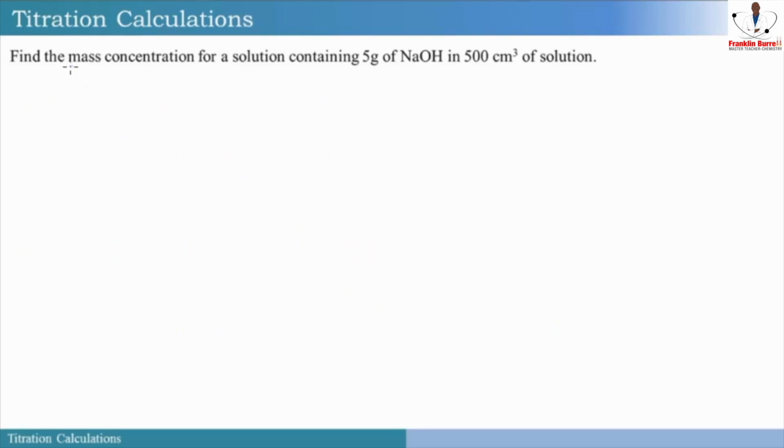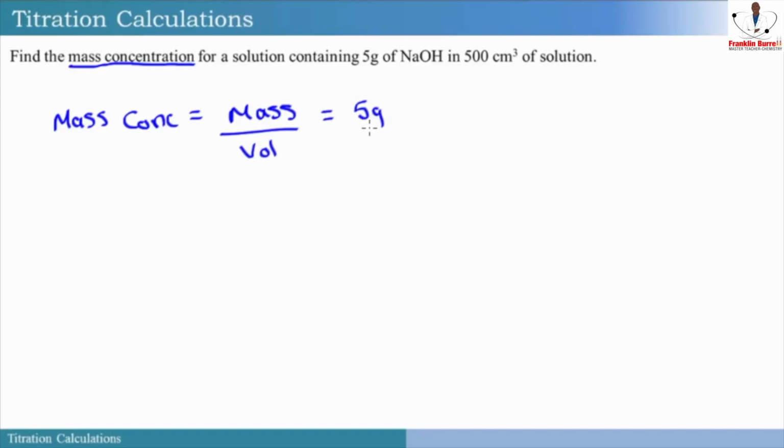Now, suppose I want to find the mass concentration instead of the molar concentration. Now, I would not need to convert mass to moles because we want mass concentration. So we would simply say mass concentration is equal to mass over volume, which is equal to 5 grams over, and the volume is going to be converted to dm cube, 0.5 dm cube.